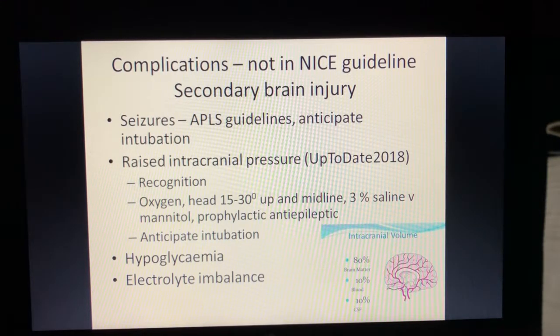And equally importantly, being vigilant about the possibility of hypoglycemia, as well as electrolyte imbalance, and in particular hyponatremia. And there's a suggestion that keeping sodium levels above 145 millimoles per litre is associated with improved outcome in traumatic brain injury, and that may also be true, therefore, for brain injury from meningitis.